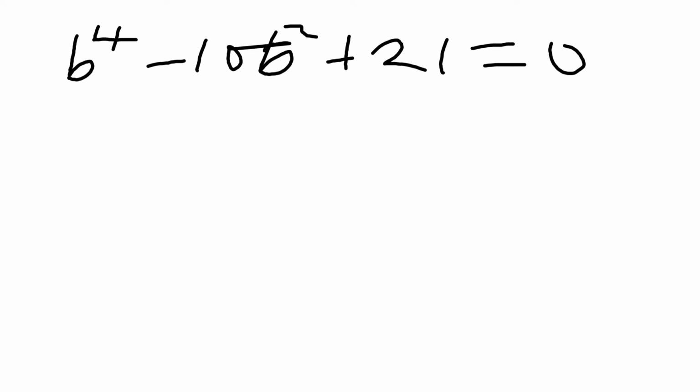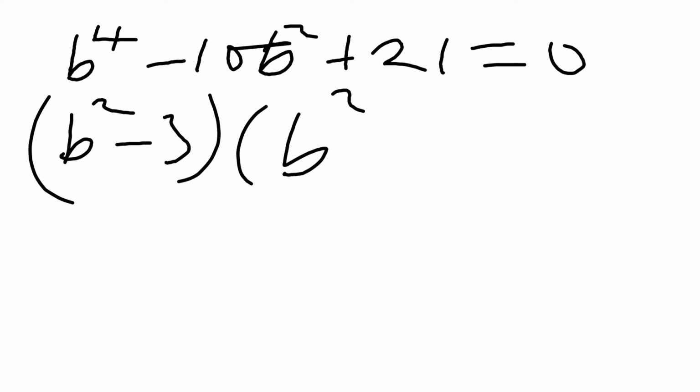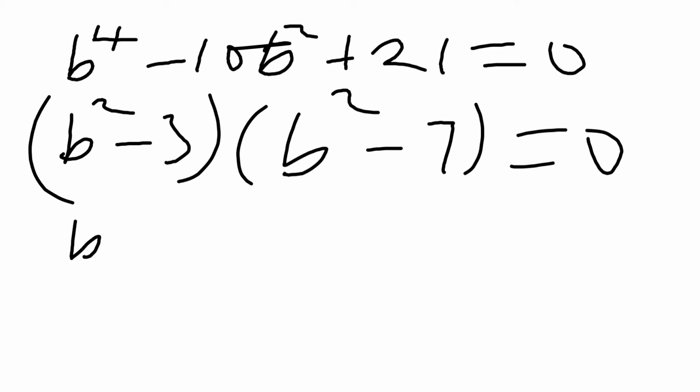The factors of 21 that will give us -10 when we sum them are -3 and -7. That means we have (b squared minus 3) and (b squared minus 7). That's the proper factorization that we need. So now that means b squared is 3 or 7.